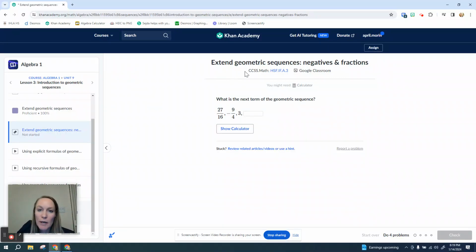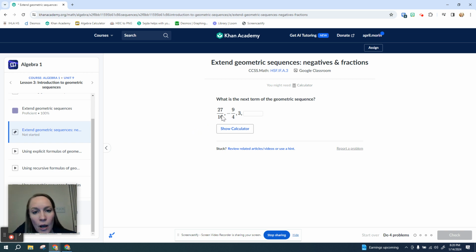Okay, geometric sequences, negatives and fractions. Whenever we have negatives or fractions, it does make it more difficult, right? If we have something that's positive and negative, then positive, we know that we're dividing by a negative, because a negative times a negative is a positive, but a positive times a negative will be a negative number.